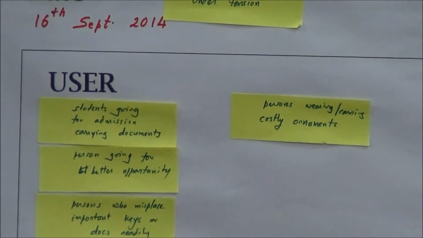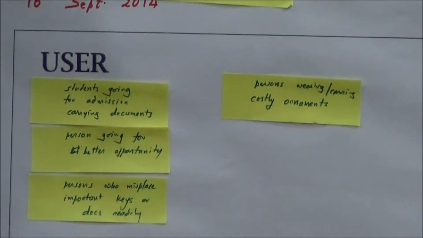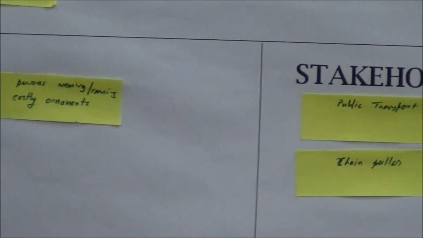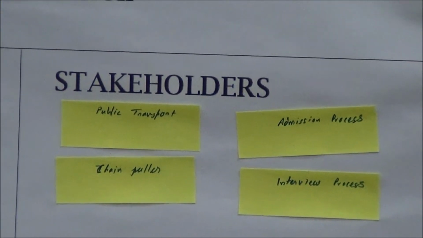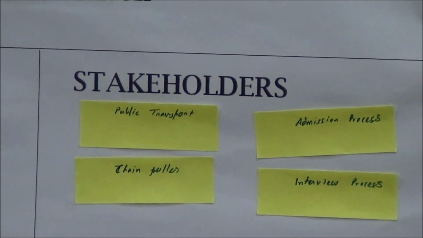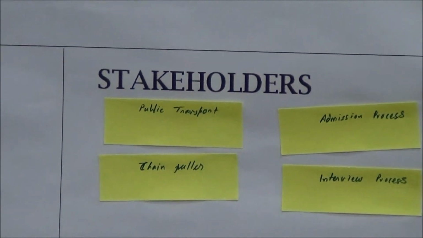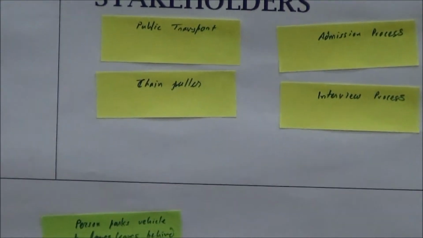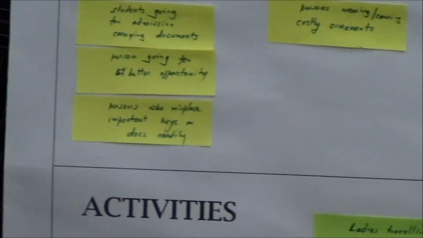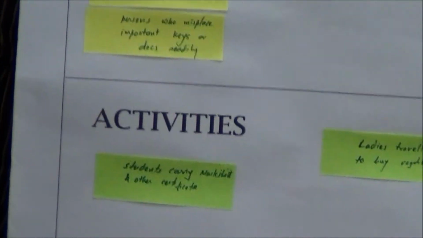Users, again, are students, women and others. Stakeholders are the police authority and others, and the different activities in which the users are involved, where they need this information or this type of device. Okay, so this is the process of empathizing with the problem. And then we will go ahead with the second chart.